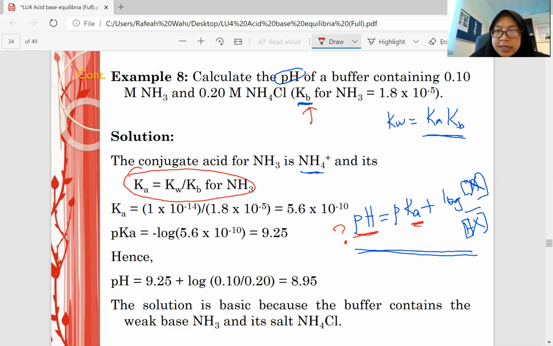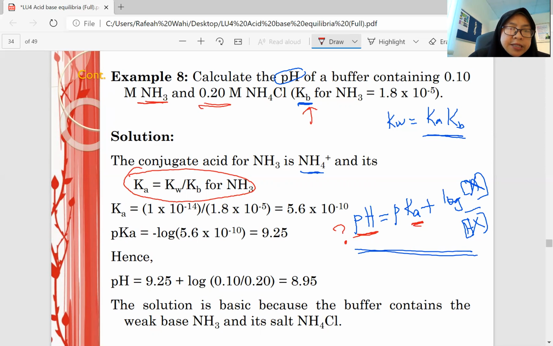Then you know the concentration of the conjugate base, which is 0.1. Ammonia is the conjugate base, and the weak acid is ammonium, which is 0.2.